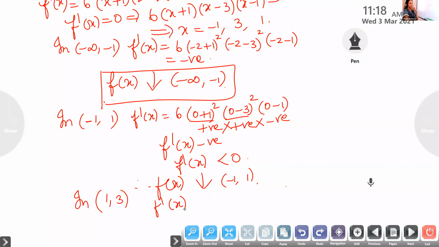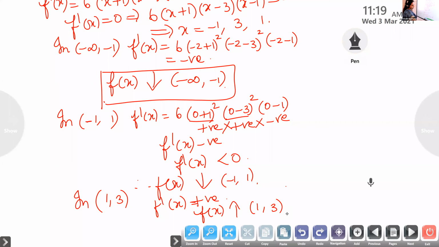Okay. So is it positive or negative? Positive. Is it correct, children? Are you getting like this, Aditya? Yes, ma'am. Anila Mohanan? Yes, ma'am. So f of x increases in the interval 1 to 3.